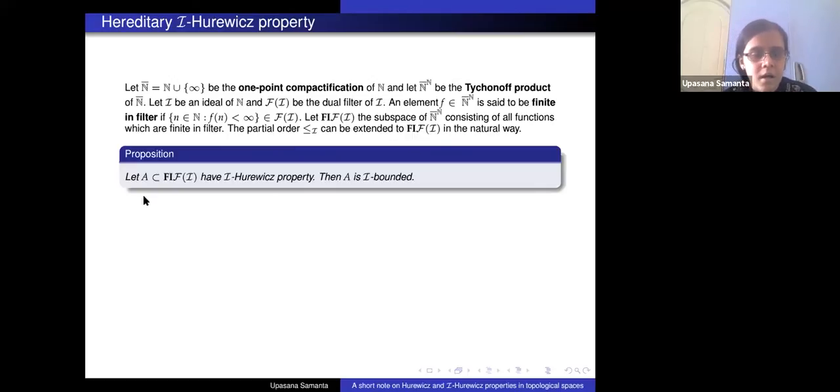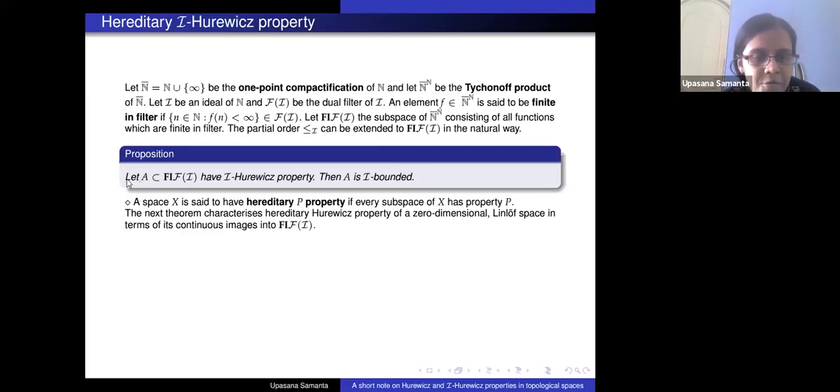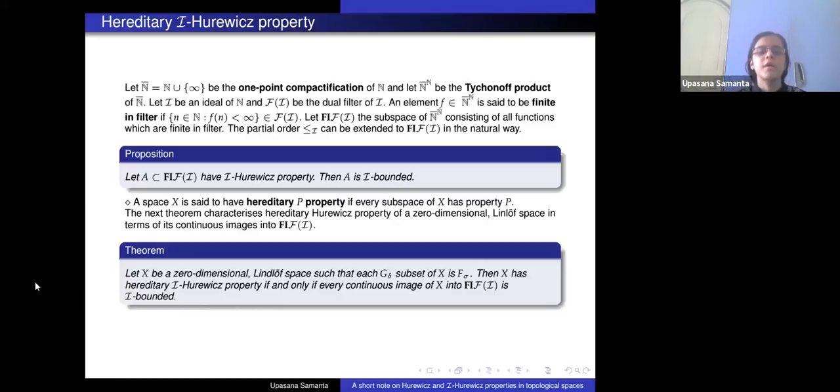Okay, and we see that if A is a subset of this space with I-Hurewicz property, then it must be I-bounded. And here we characterize hereditary I-Hurewicz property in terms of its continuous images into this space.